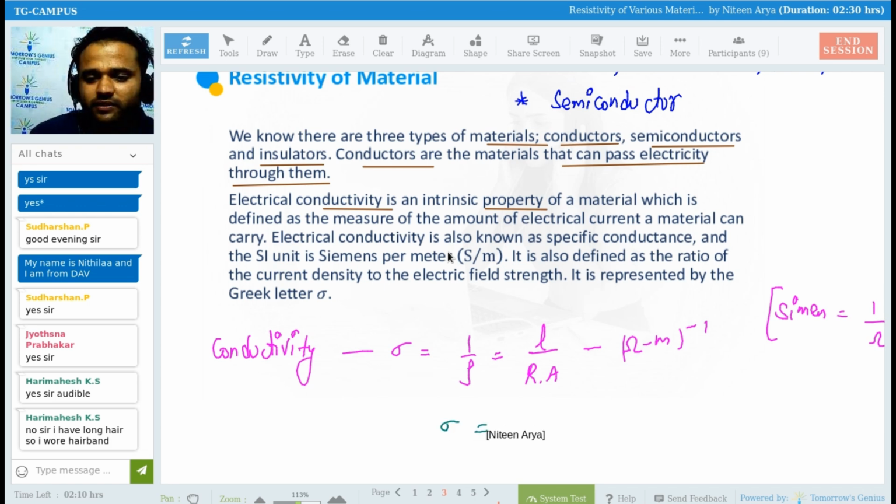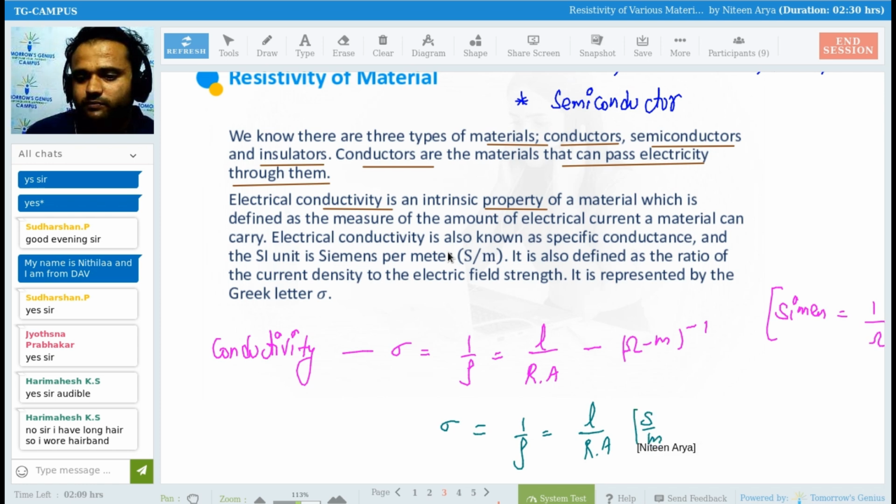Other than silicon, there are two important ones, silicon and germanium, intrinsic, then cadmium selenide, gallium arsenide, and so on, which are compounds. Siemens per meter.